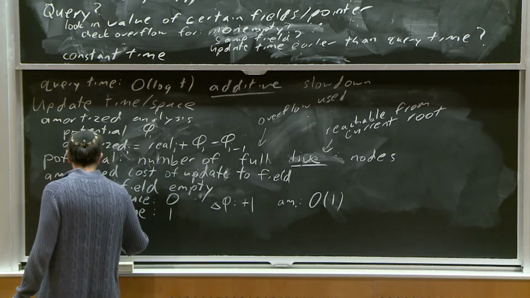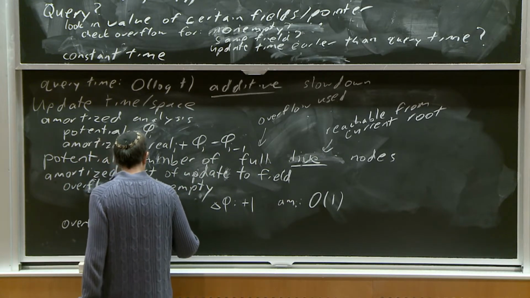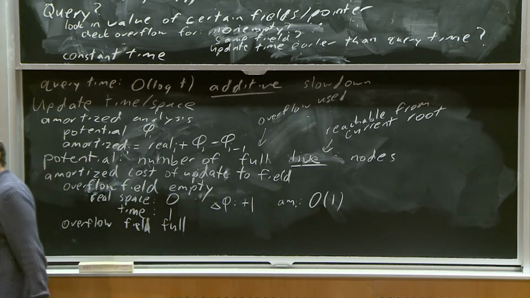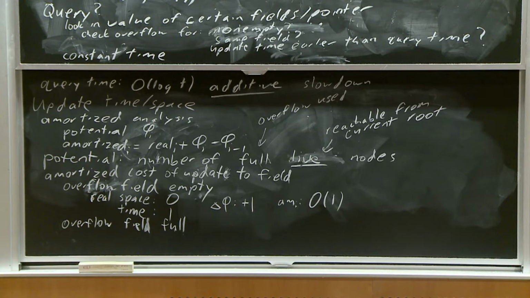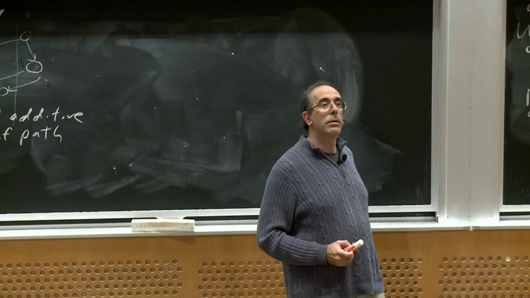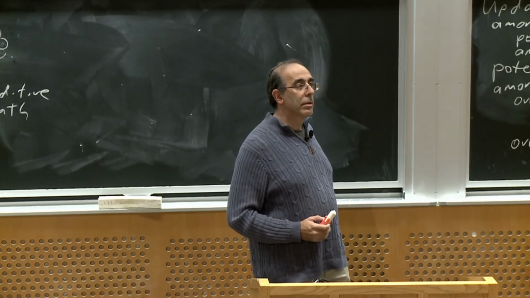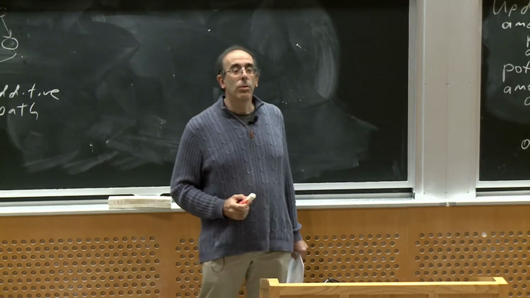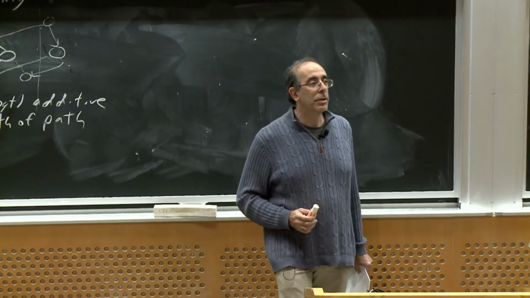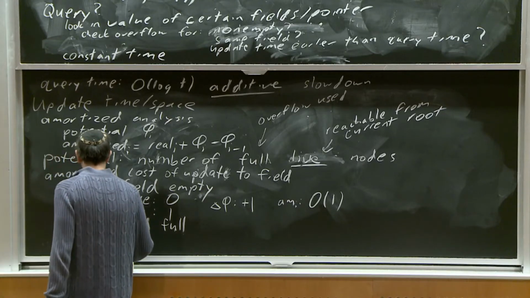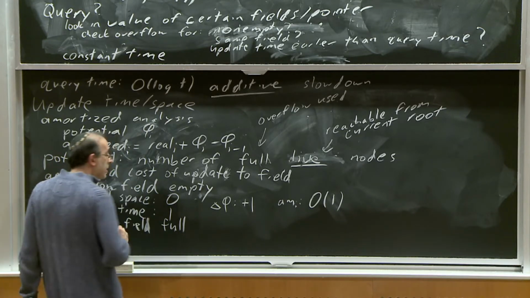So now let's consider what happens if the overflow field of the node is full. Then what is the real cost? What do we have to do if the overflow field is full? Copy and update. Good. But let's focus on this node for the moment.